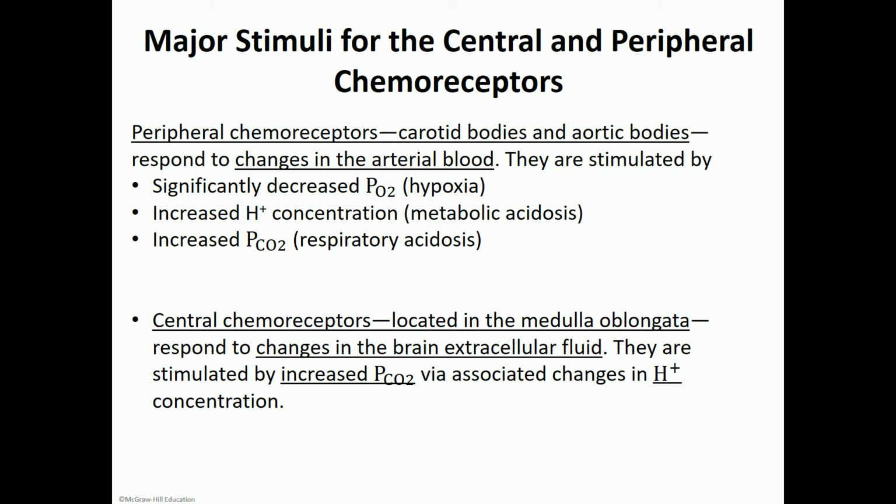The hypercapnia, or the increase in carbon dioxide, is translated into acidosis, high hydrogen ion concentrations, or low pH levels, and that is what is going to stimulate the central chemoreceptors. That is the reason when we give patients oxygen, we prefer to add a little bit of carbon dioxide to keep these central chemoreceptors stimulated.